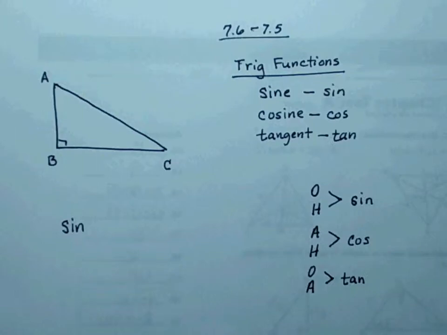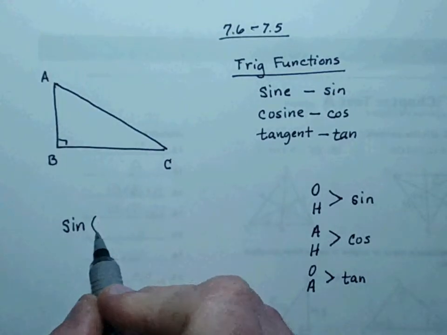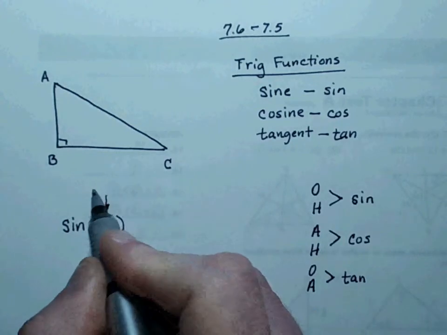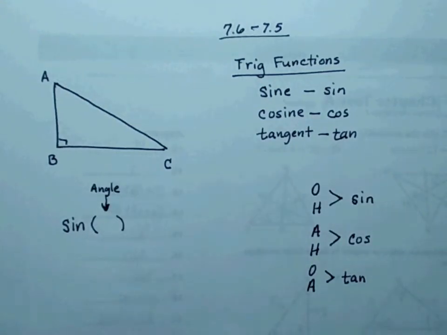When we use our trig function, we're always going to say sine of, and whatever we put in that place right there, that is our angle. The angle always goes next to either sine, cosine, or tangent, whichever one we're using.